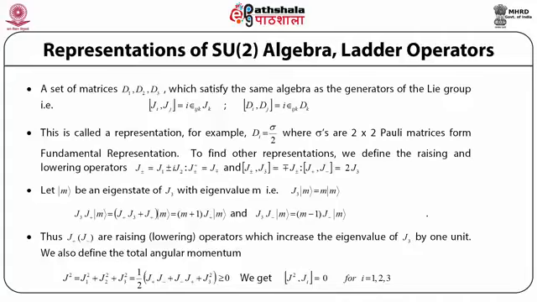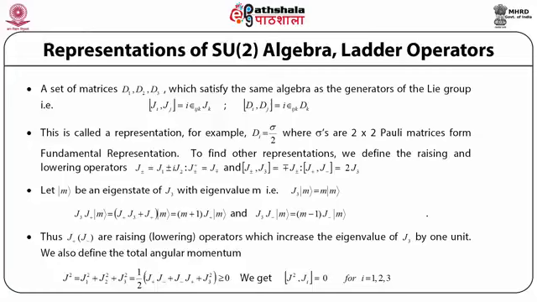We can also define the total angular momentum J² as the sum of squares of the three components, that is J² = J1² + J2² + J3², which can also be written in terms of raising and lowering operators as 1/2 (J+J- + J-J+) + J3².